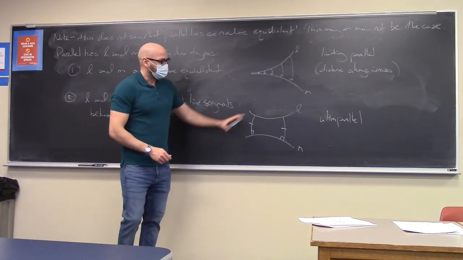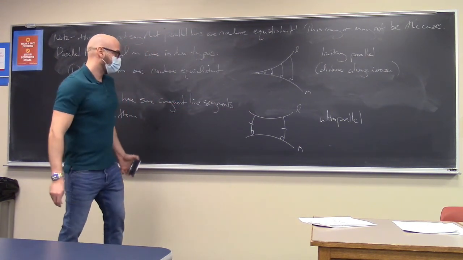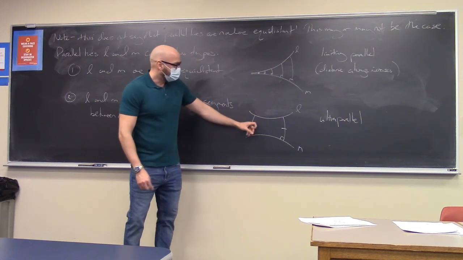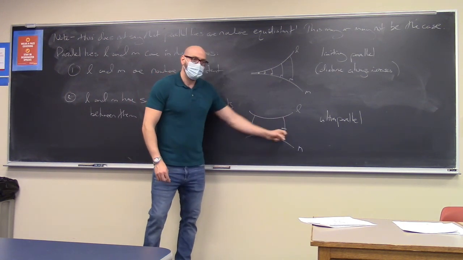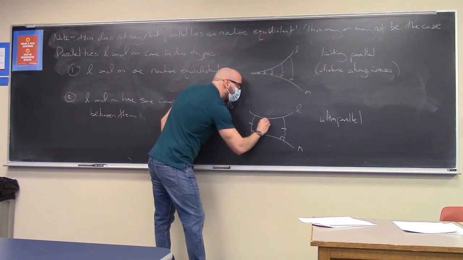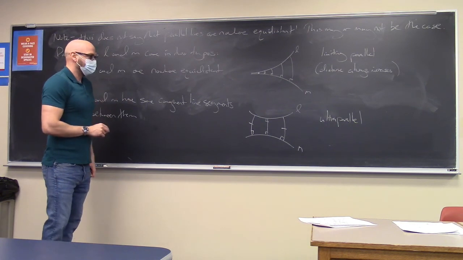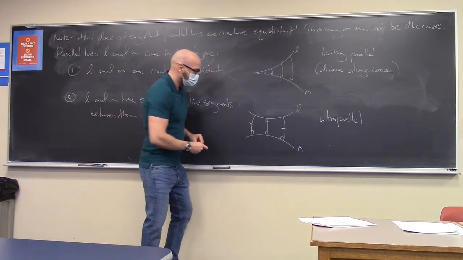I believe it's called the ultraparallel theorem, or theorem of ultraparallel lines, which says basically that there is a closest point between these lines. It's the unique perpendicular between them. And it says that every pair of ultraparallels has a unique common perpendicular between them.